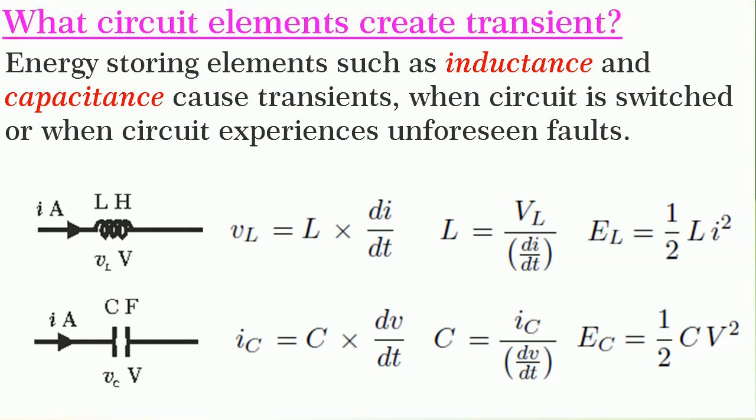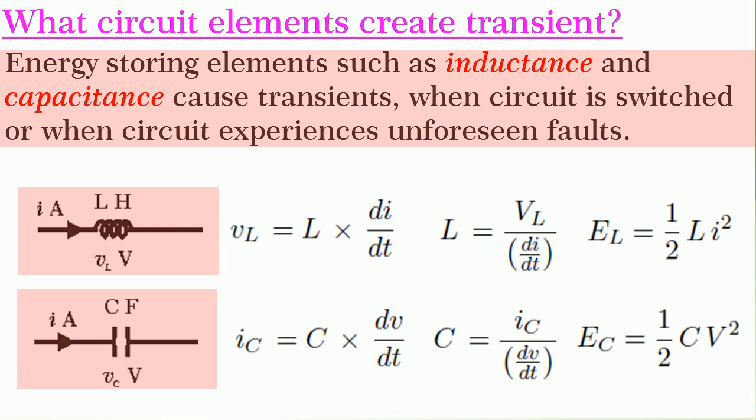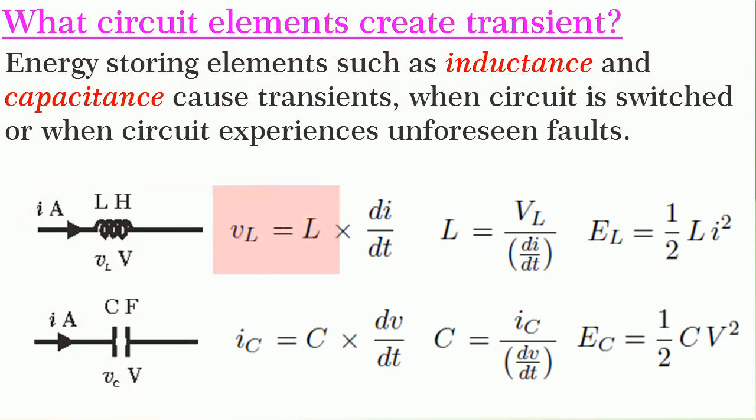Friends, you know that inductance and capacitance store energy in them. The voltage across inductance VL is equal to L into di by dt, or L is equal to VL divided by di by dt. What does this mean? Friends, inductance is a property of a circuit element which opposes the change in current.